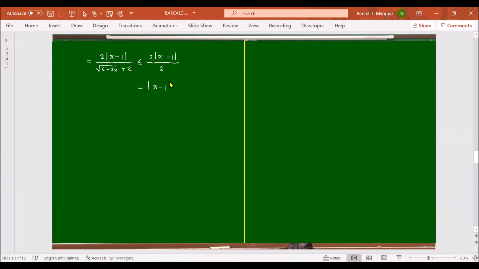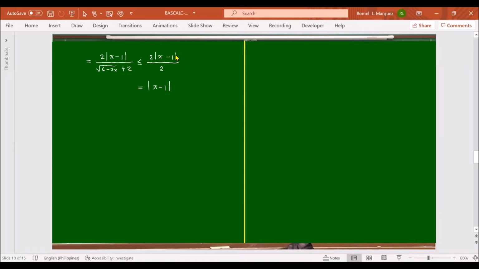Yeah. And this is supposed to be less than delta, no? So, meaning, actually this is less than epsilon, I mean.